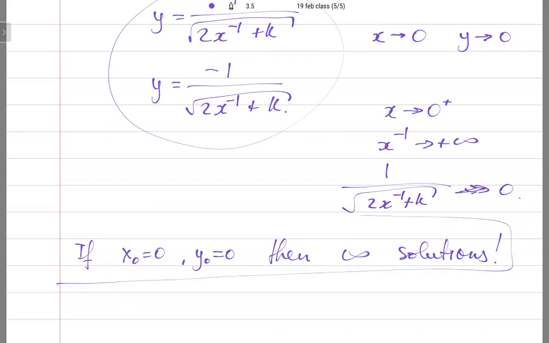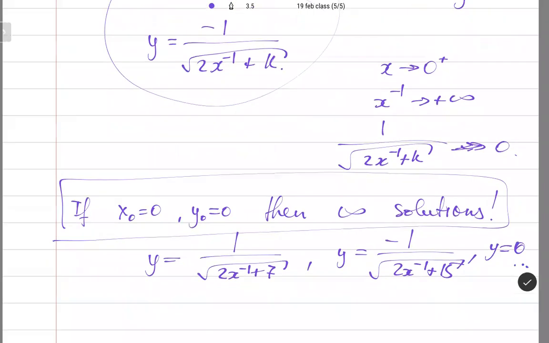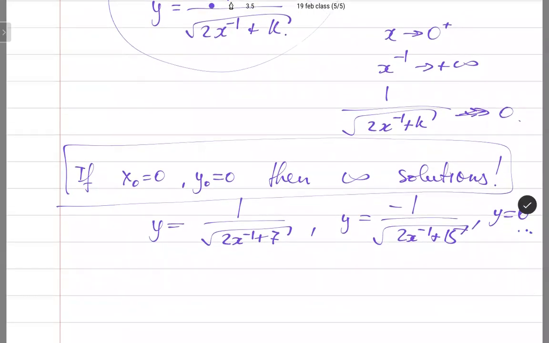For example, 1 over square root of 2x minus 1 plus 7, y equal to minus 1 over 2x minus 1 plus 15, y equal to 0, and so on. All these functions satisfy my equation and my initial conditions.